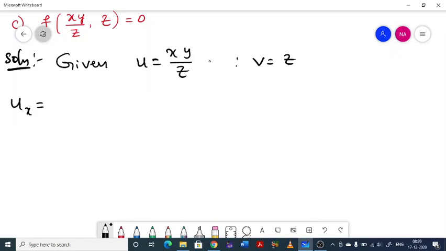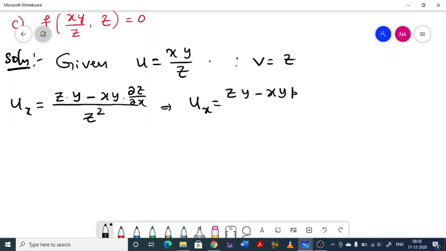So numerator you have function in x, denominator you have function in x, so I have to apply the quotient rule. Z square into, in the numerator, z into derivative of the numerator, you get y, minus xy into derivative of the denominator dou z by dou x. So you get ux equal to zy minus xyp divided by z square.